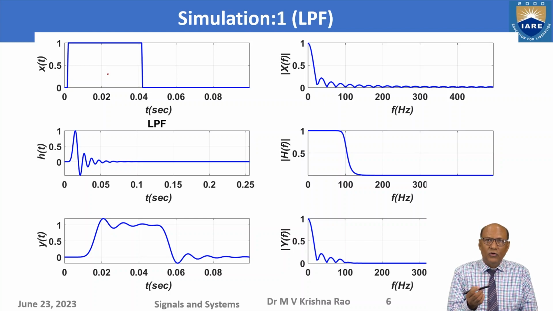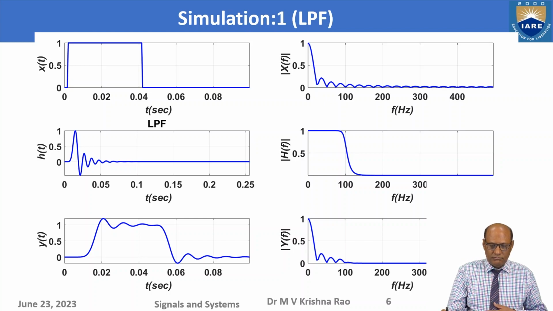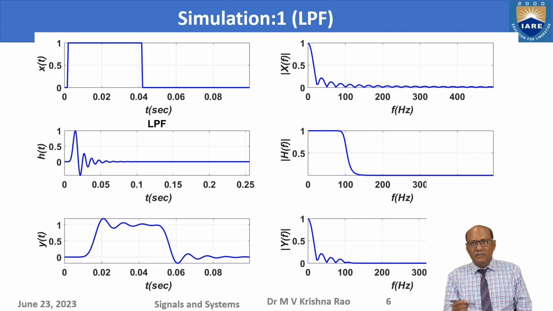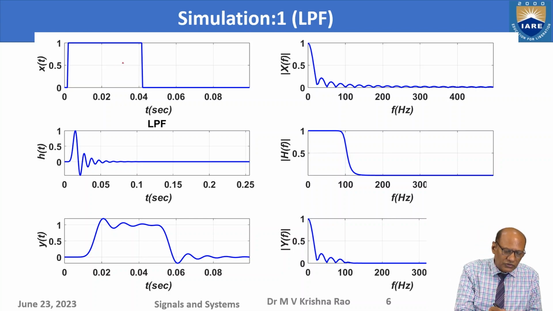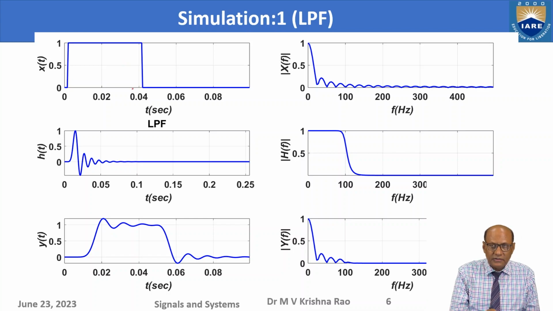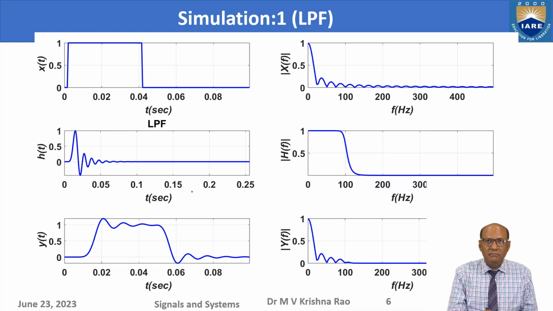So 4 waveforms I am showing to you, and all the relations among time and spectra I will be discussing. I will discuss the magnitude spectrum also, not only the power spectrum. Okay, so this is the signal with 40% duty cycle.